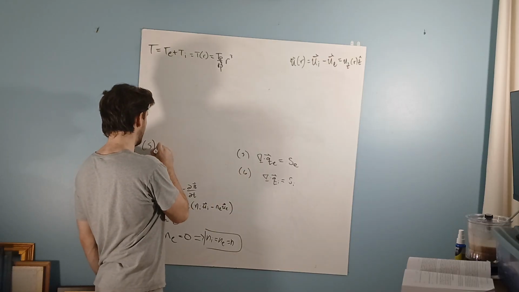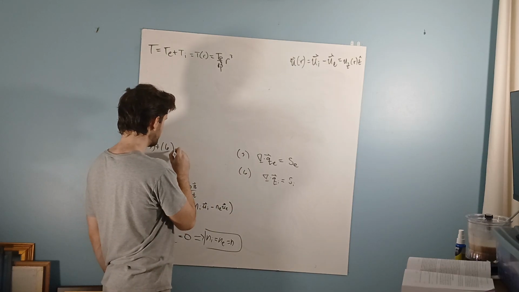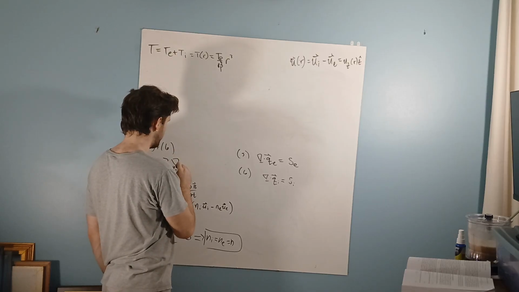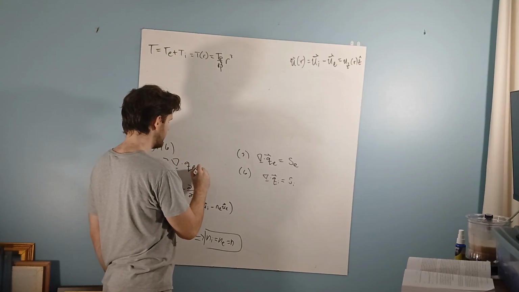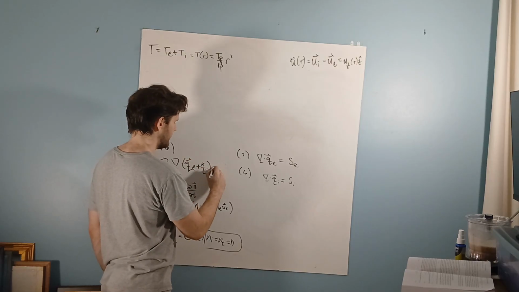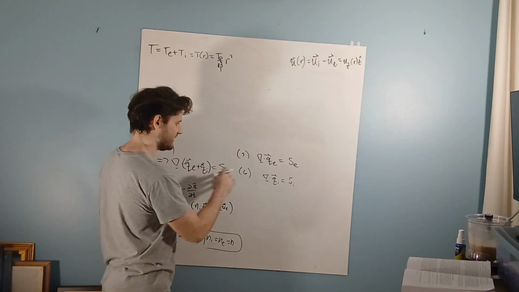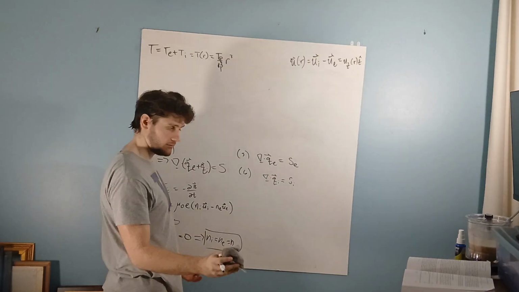And we add 5 plus 6, and that implies that we have the divergence of Q_E plus Q_I equals S, where S is S_I plus S_E, okay?